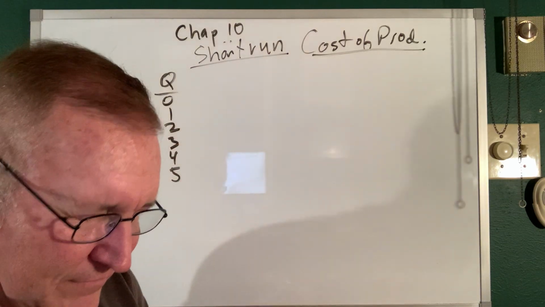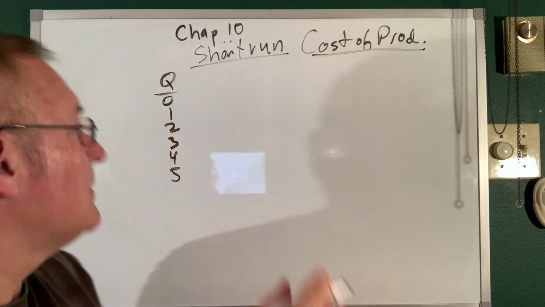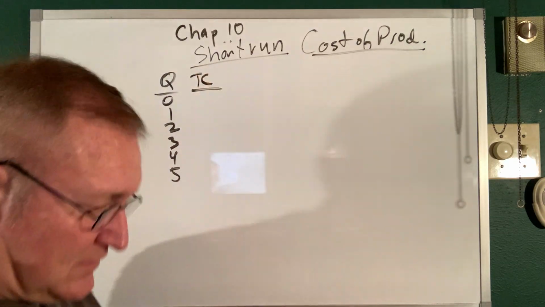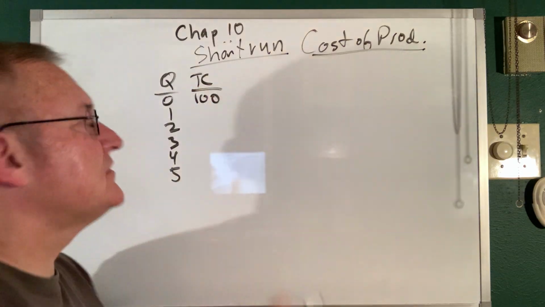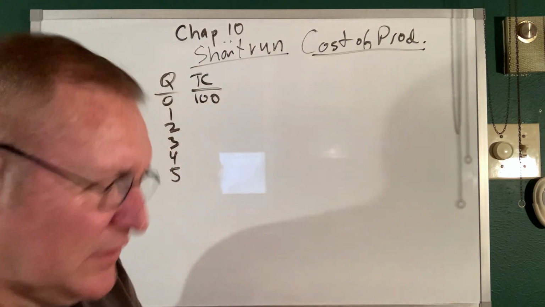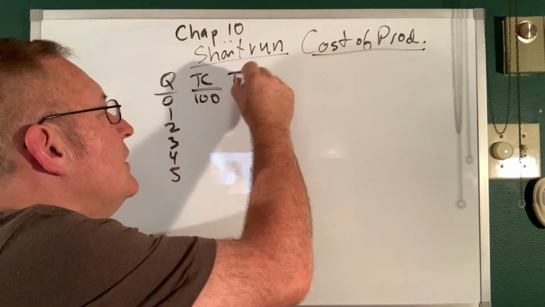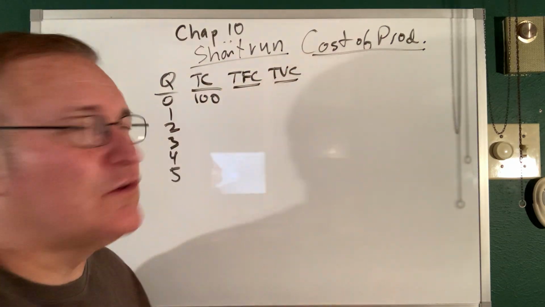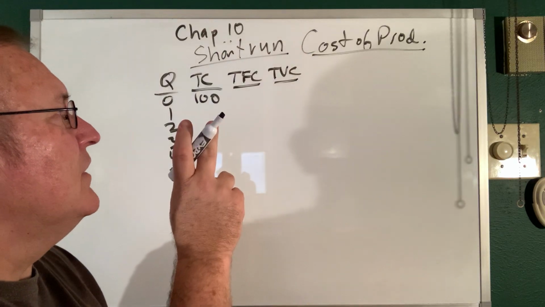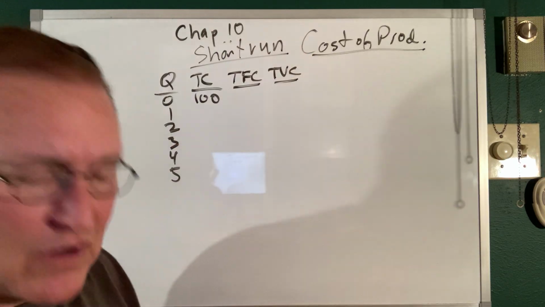I'll just keep it at 5. How's that? Now, total cost. If I say my total cost is 100, right? And I know that my total cost is a combination of my total fixed cost and total variable cost.